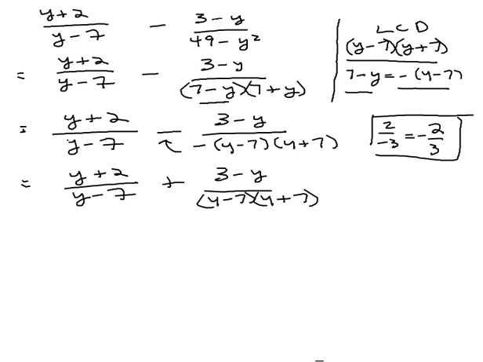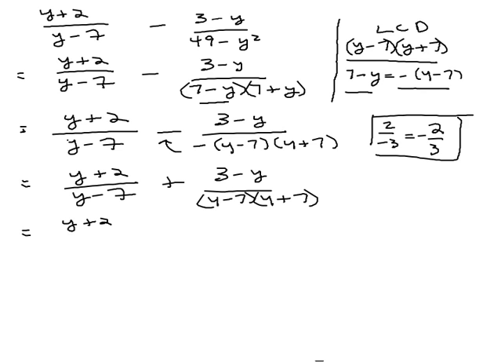We've now successfully changed this so that the LCD up over here in the right corner, (y - 7)(y + 7), is the LCD of this sum of rational expressions. And now we just continue as we've done before. We already have the LCD in the second term. We just need to get it in the first term.